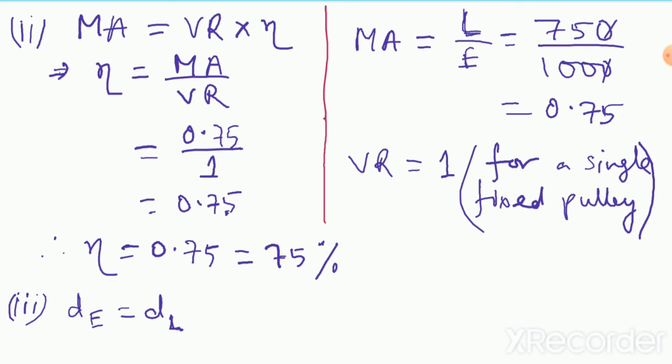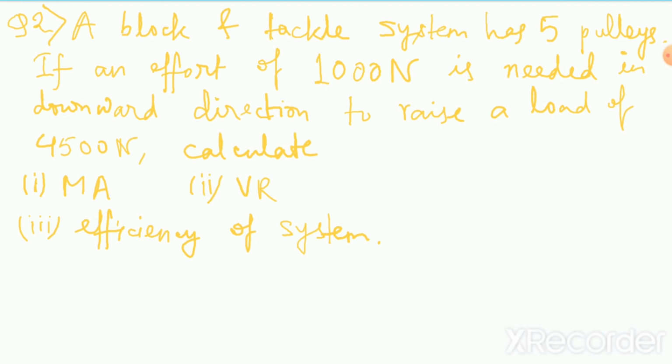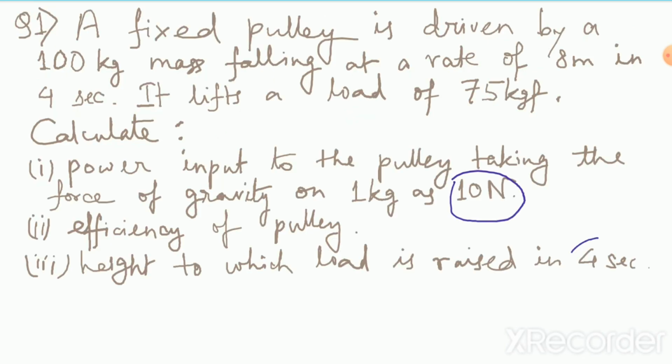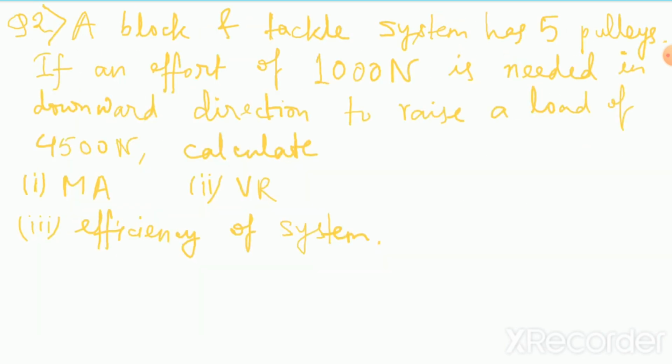Hence the load will also move by a distance of 8 meter in 4 seconds. Therefore our required answer, the distance moved by the load, is also equal to 8 meter, because the time has been asked as 4 seconds only.